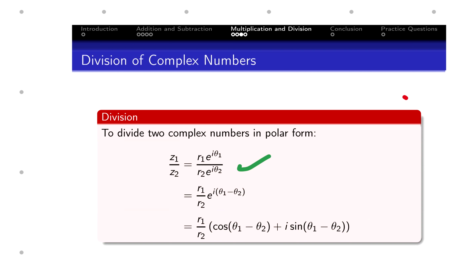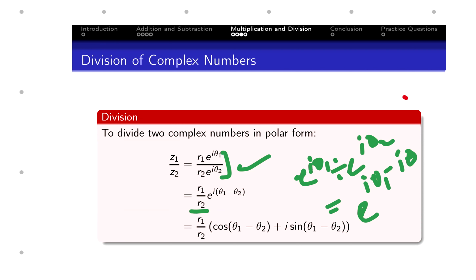And then you apply the law of indices to all these exponential parts. So that's like e^(iθ1) divided by e^(iθ2). For the law of indices, that's simply e^(iθ1 minus iθ2), and that is e to the power i into (θ1 minus θ2), like this.